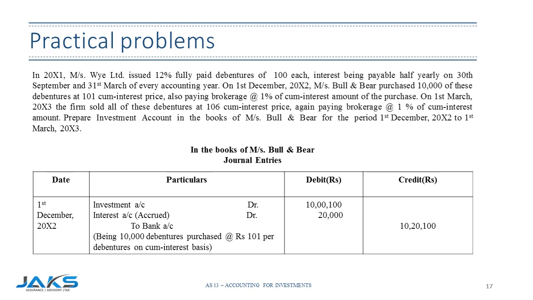So less 20,000. So we will get Rs 10 lakh and 100 as the net cost of investment. Interest accrued amount computation can be easily understood if you go through the working notes. So I think there is no need of explanation for this. Okay. Then we will move to the second entry.